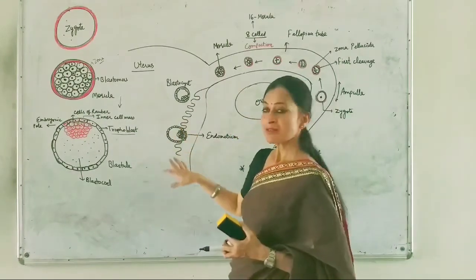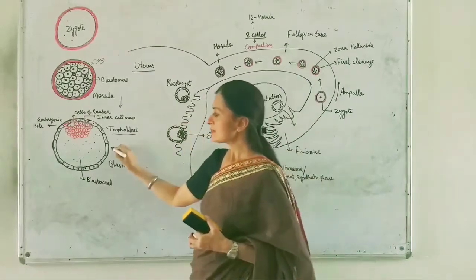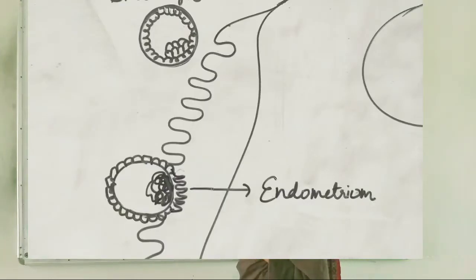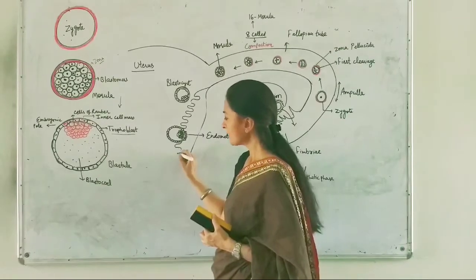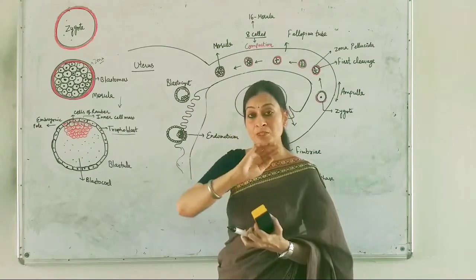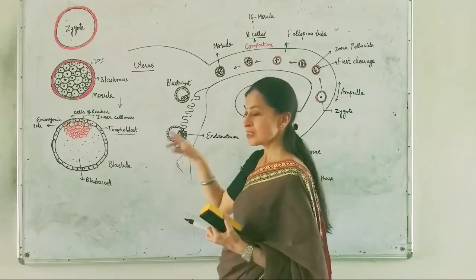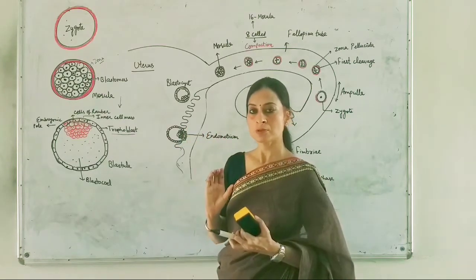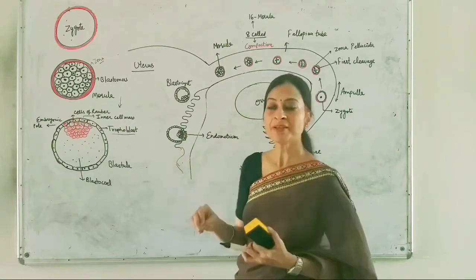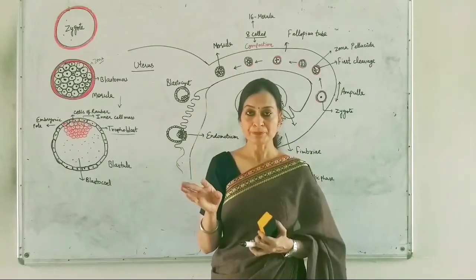When the suitable site is found, the trophoblast releases some hydrolytic enzymes that will make a space in the wall. Means the endometrium is going to be ruptured, and at that ruptured place the blastocyst will stick to the wall. So the trophoblast is helping this blastocyst to get attached to the endometrium.